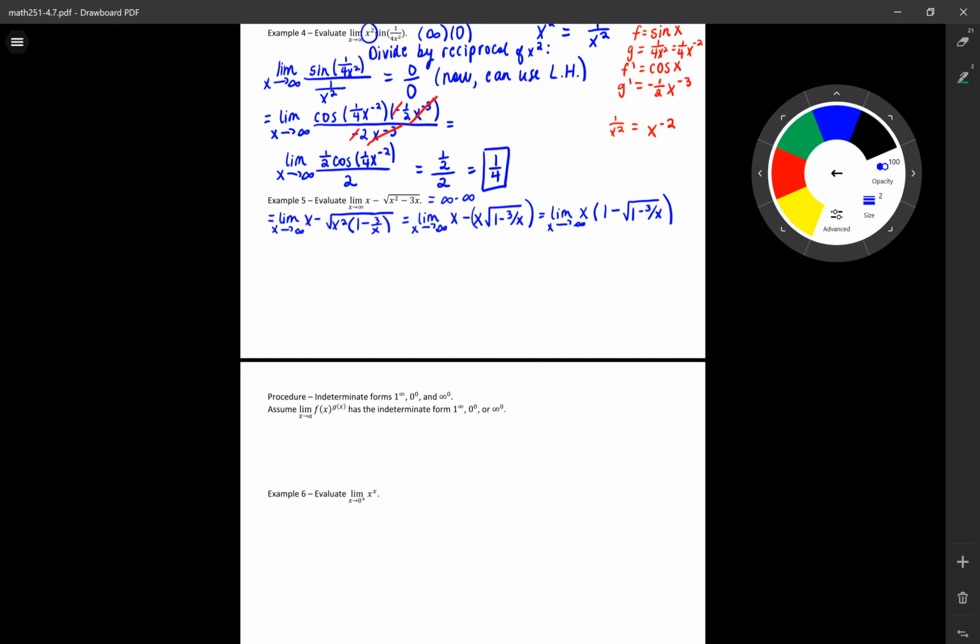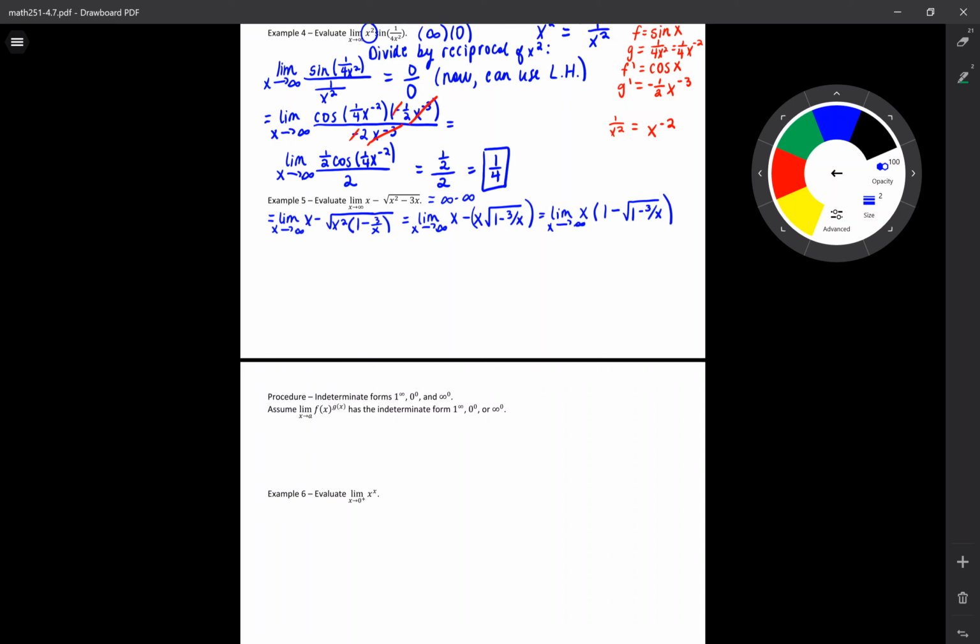So let's check out now what happens if I plug in x equals infinity. Well, if I plug in x equals infinity, I get infinity times 0. This is what we got in the previous example. So when I get infinity times 0, I need to divide by the reciprocal of whatever x I have. Right here I just have x to the power of 1.